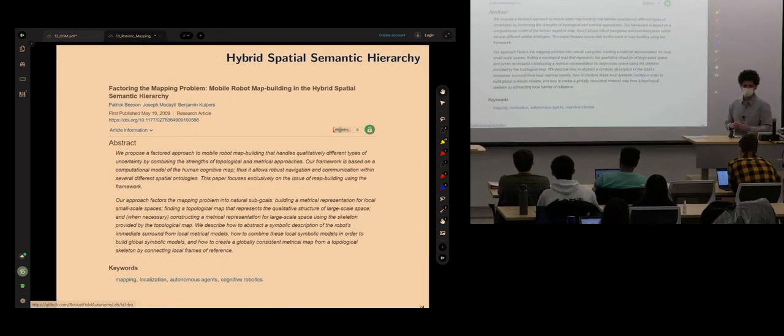This is a concept paper that talks about different ideas. He has another paper that is more recent by his group, 2009, so somewhat old, but it's still very relevant. Then they talk about this hybrid spatial semantic hierarchy. This is also interesting to read because semantics are not just scene categorization. That's a very narrow way of generalizing the map from occupancy to semantics.